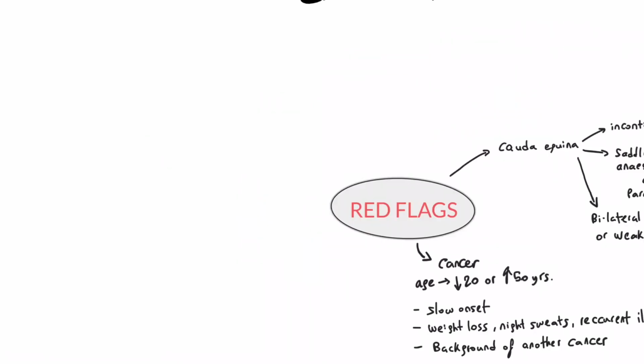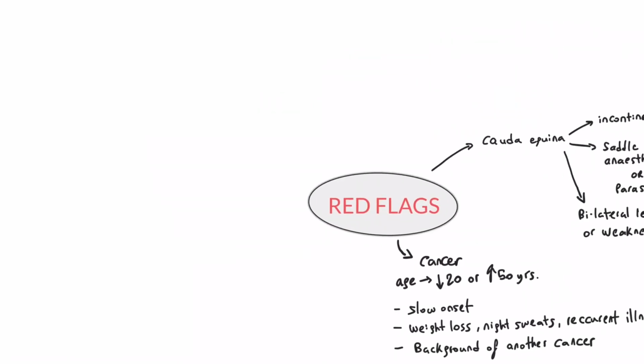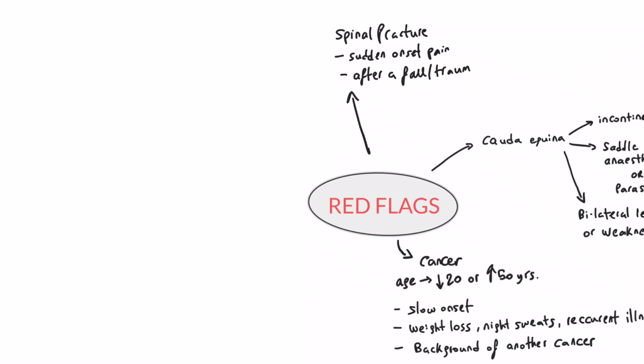Obviously, we can't forget our spinal fractures. Spinal fracture is a sudden onset pain after a trauma, a fall usually, or trauma that could be a motor accident or anything like that.